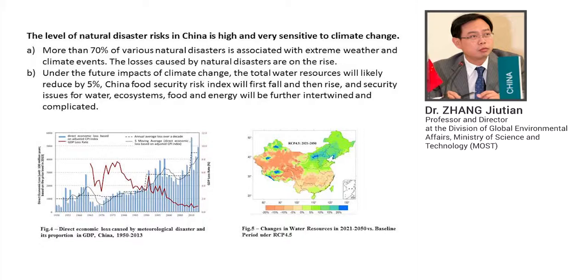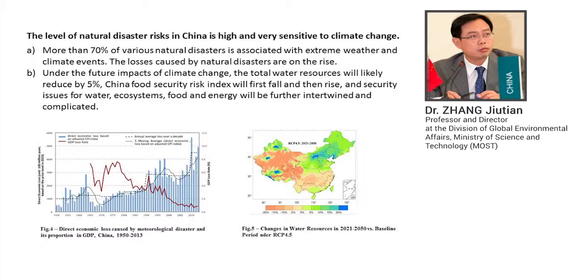The losses caused by natural disasters are on the rise. You can see the rising trend in the left figure. The blue bar shows the losses caused by natural disasters, and the red line is the GDP loss rate. The GDP loss rate is declining mainly because of the GDP increase.